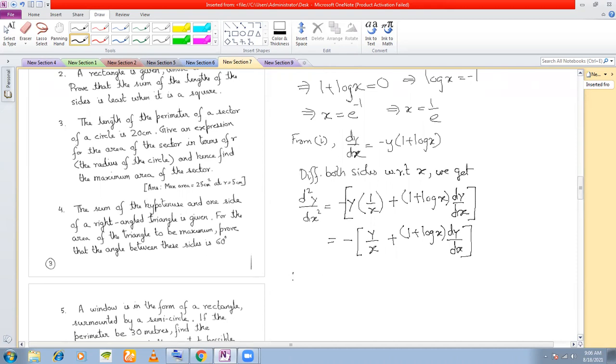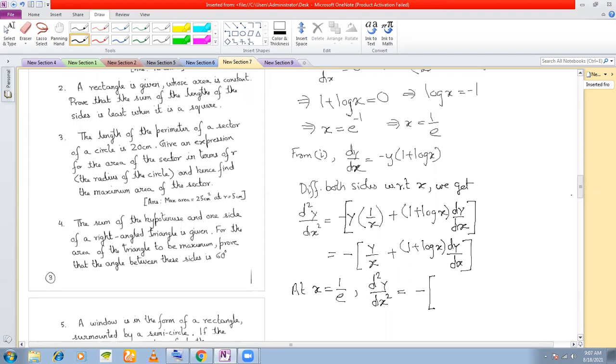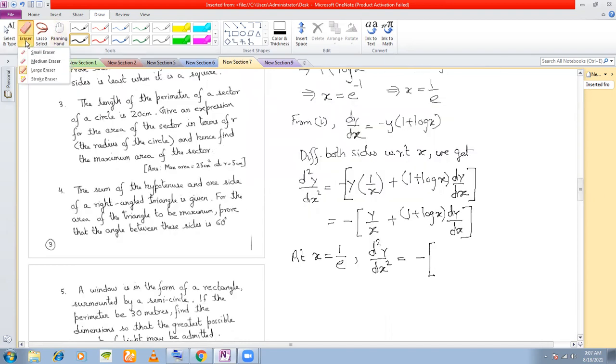Now because we want to check the sign of the second derivative at the point x is equal to 1 by e, d2y/dx2 is equal to minus, now what is y? Before finding out d2y/dx2, let's first find out y.